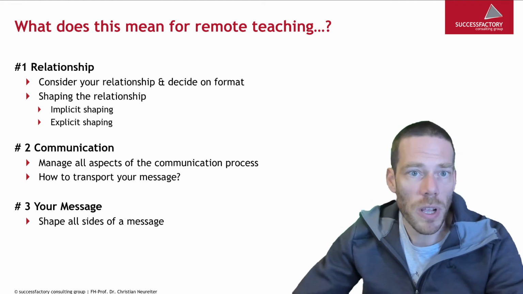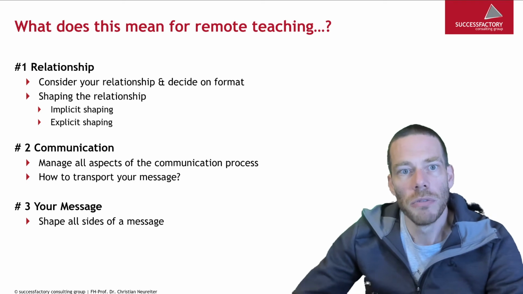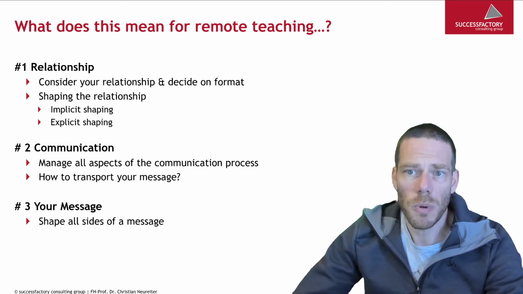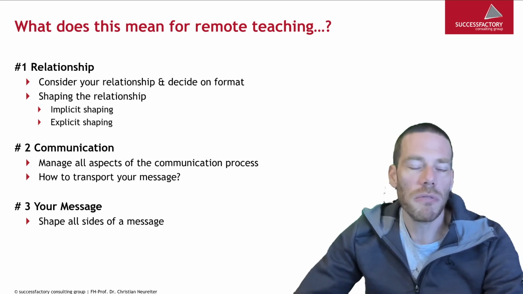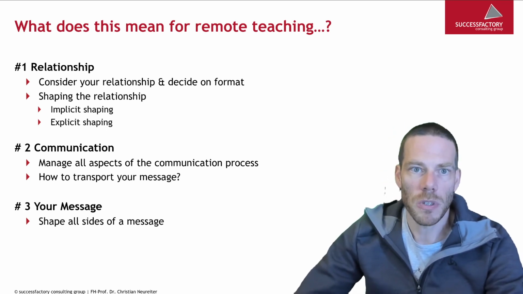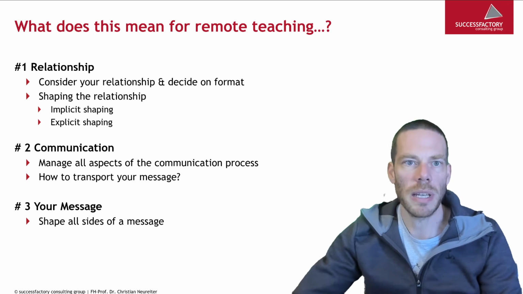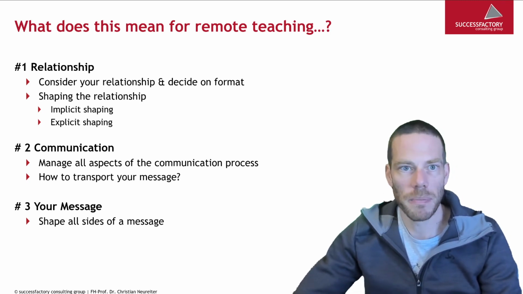And this already brings us to the topic of shaping the relationship. So for every session that we do, for every training, every lecture, we need to consider how to shape the relationship. And there are two different aspects. The first thing is you have an implicit shaping. So the relation is already determined and shaped, for example, by the way that you act.